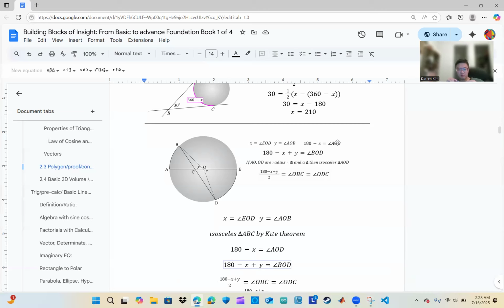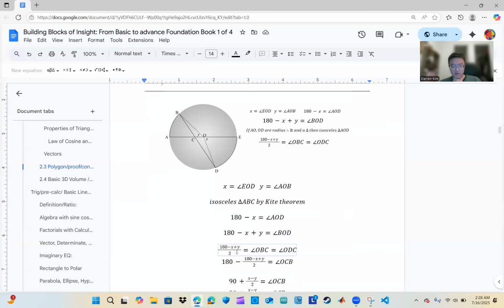And then we say, here's the mistake I made. This over here is not correct because it's 180 again minus this angle over here, right? Okay. So that's wrong.